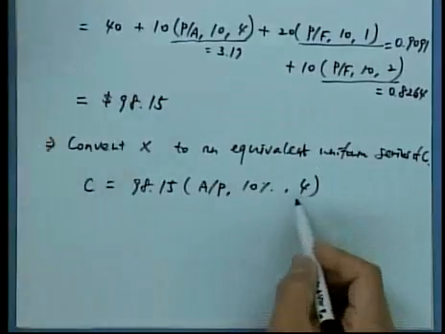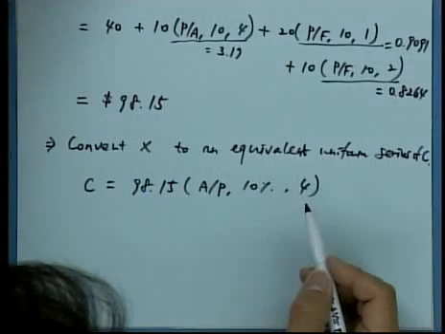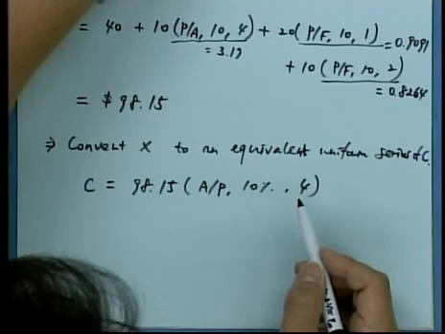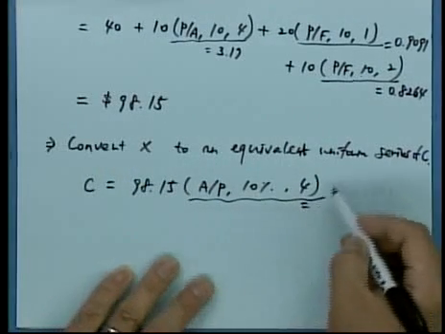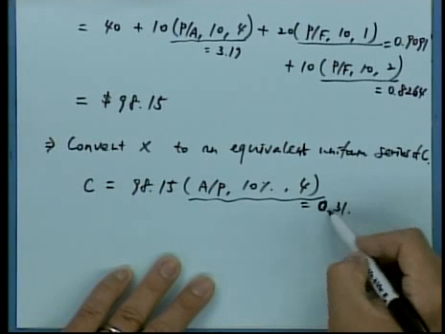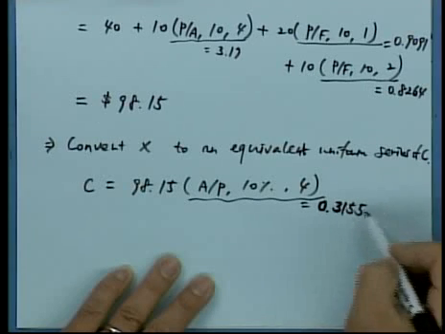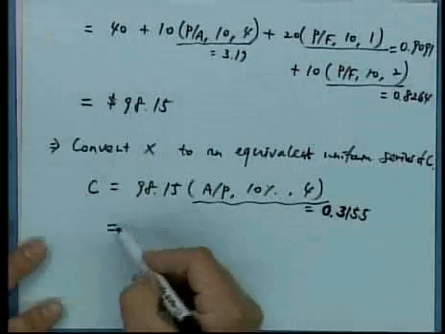What is this value? A given P over 4 periods, 0.3155. Okay. So how much is that?